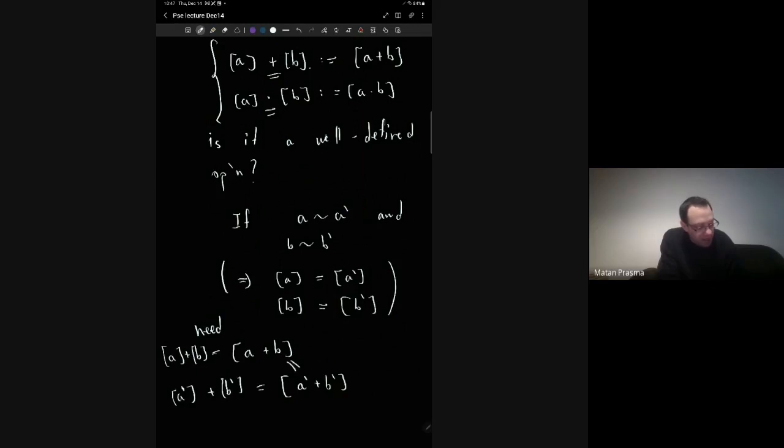these two things, I mean, what I need is the equality between the two expressions for any A, B, A prime and B prime that satisfy this condition. This is what it means that my operation is well defined.